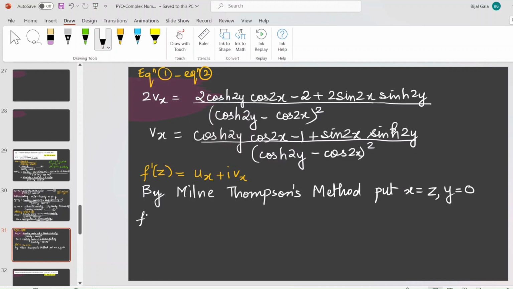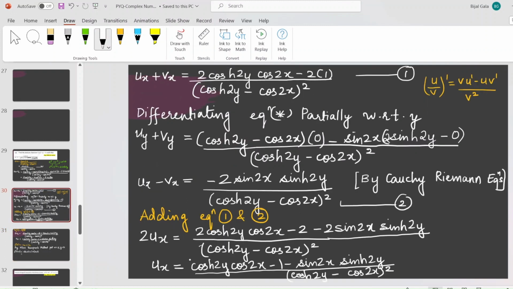So we get f dash of z comma 0, which will be equal to u of z comma 0 plus i times v of z comma 0. So let's simplify and find that.